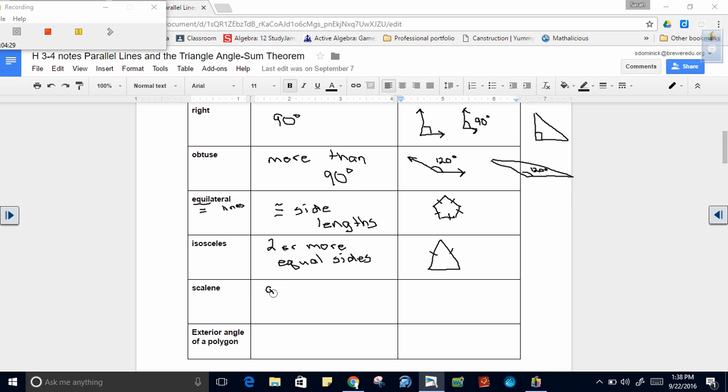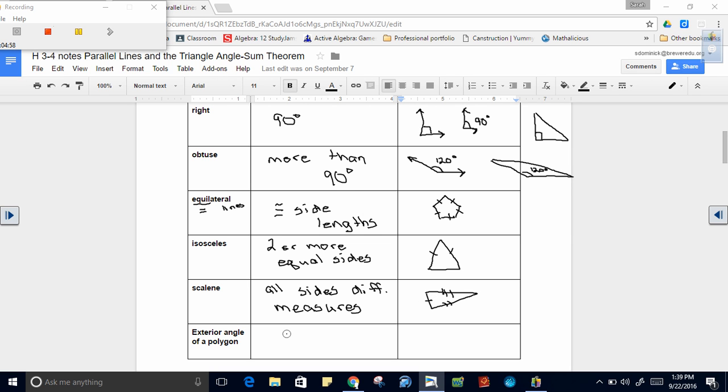Scalene, it's a triangle with all sides having different measures. Kind of draw a crazy triangle. Everything would be different.